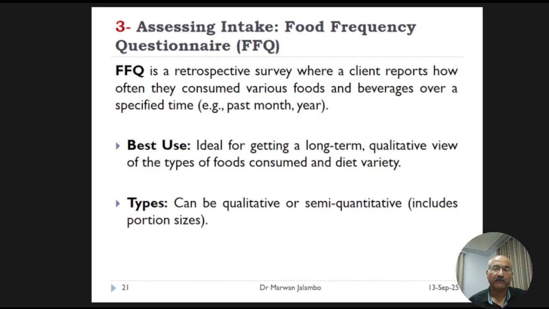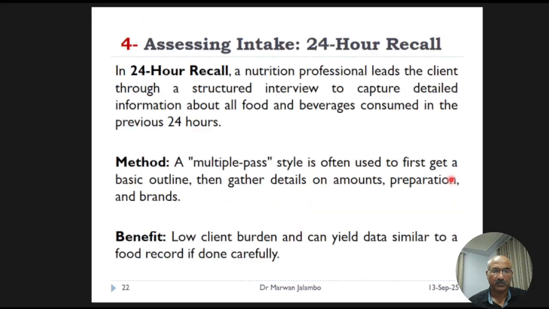Some FFQs, or food frequency questionnaires, are semi-quantitative and also ask about portion size, but their quantitative accuracy can be limited.